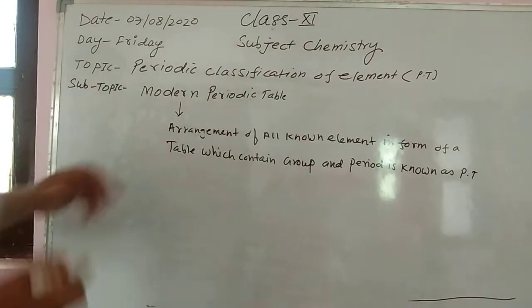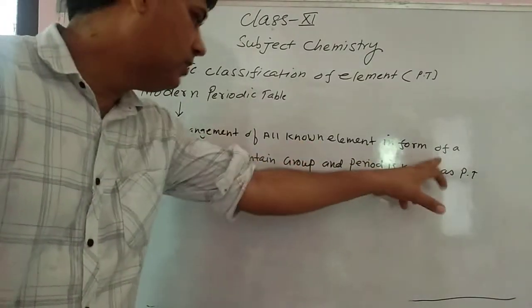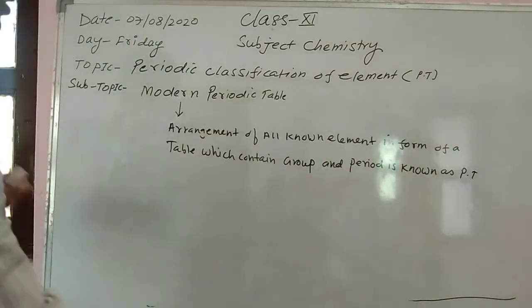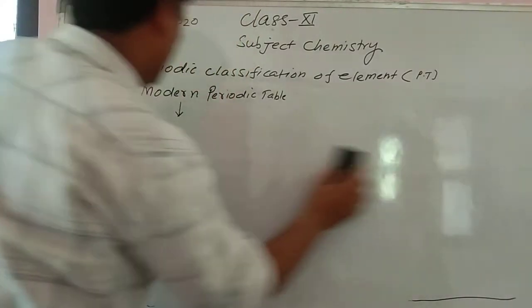Okay, so the arrangement of all known elements in the form of a table which contains groups and periods is known as the periodic table.